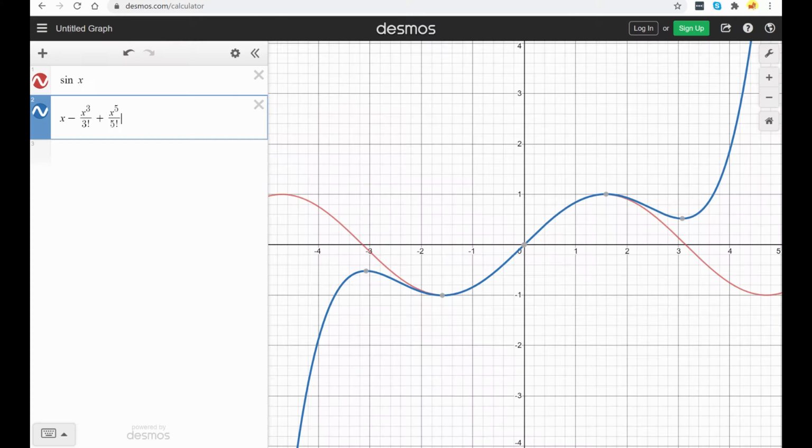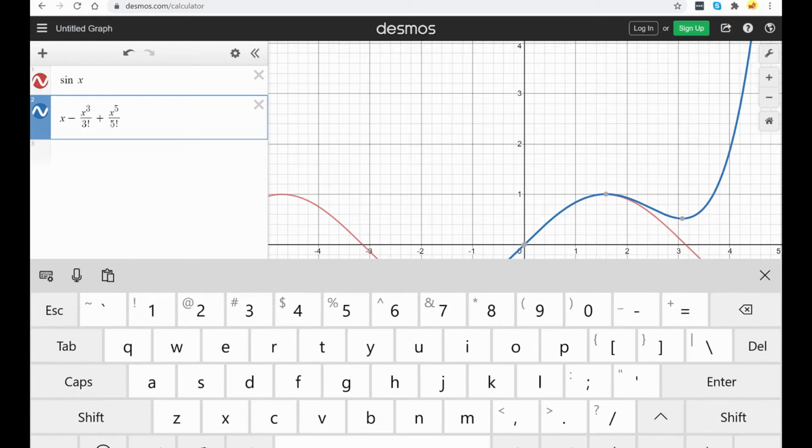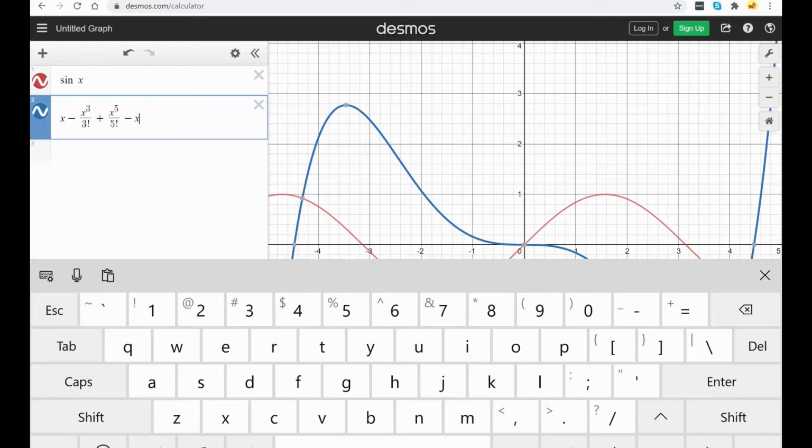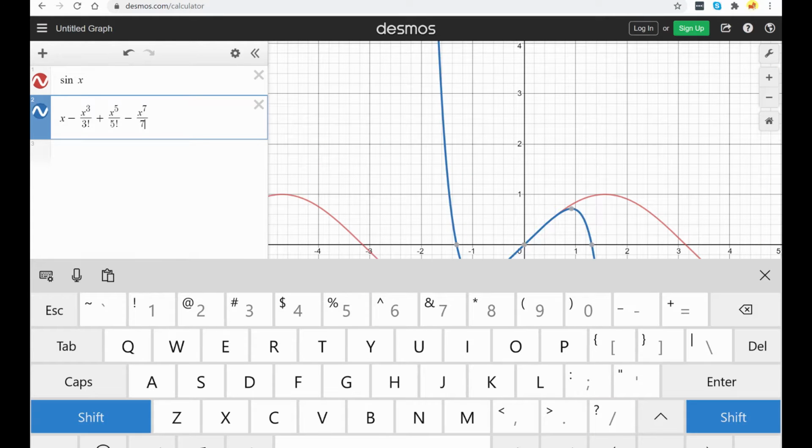So let's just pop back to the graph. We can see that with just 3 terms, we are able to approximate values somewhere, I would say maybe around minus 1.6 to 1.6. They coincide very nicely. Now let's just add the other one. I think some of you will be interested to see what happens when we add the additional term, the x to the power 7 term. Let's go ahead and do that. x to the power 7 divided by 7 factorial.